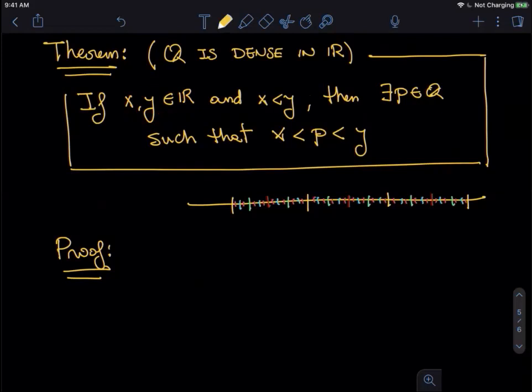So first thing, notice that y minus x is bigger than 0, because I'm assuming that x is less than y. And then we have the Archimedean property that we saw in the previous video.